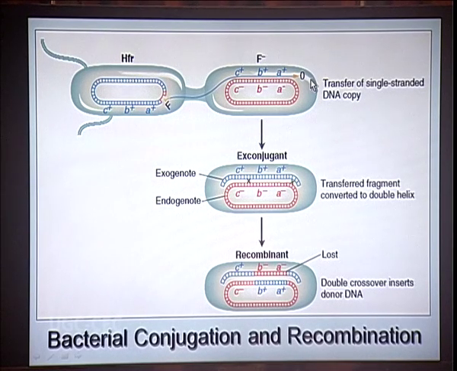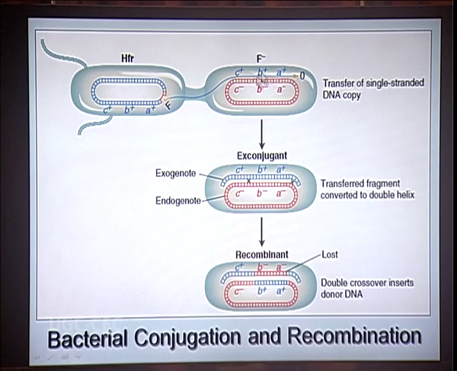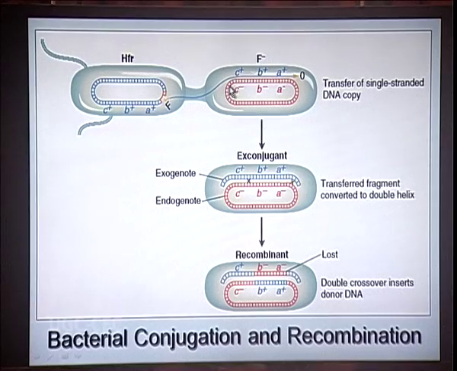As a result, we can see that the recipient bacteria may procure certain genes of bacterial host origin, and it gets some sort of benefit. Here the recipient bacteria was C minus, B minus and A minus, whereas the donor bacteria, the HFR, is donating its C plus, B plus and A plus.